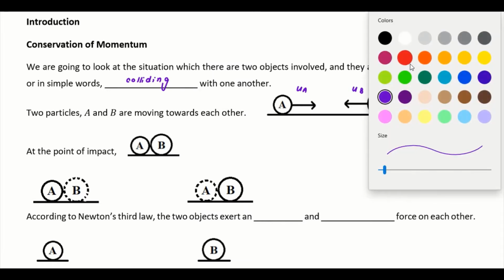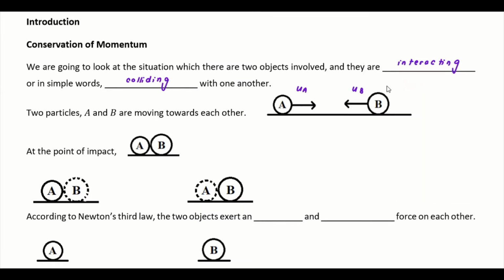Let's imagine when they collide with each other. At the point of colliding, imagine that you are clapping your hands. When your left hand and your right hand get in contact, you know that there is a certain force transferred from your left hand to your right hand and from your right hand to your left hand, right?